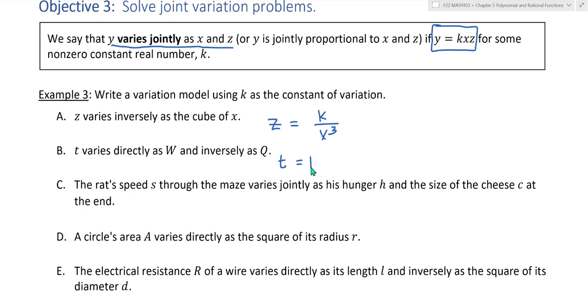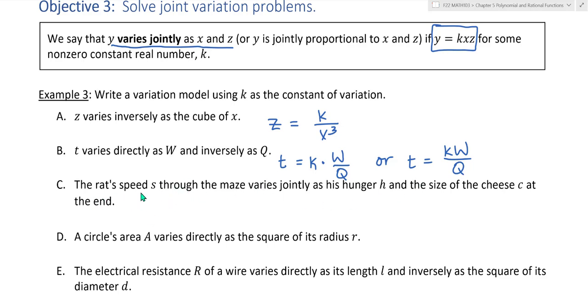What I would do is just throw the K in front, and then times anything that's direct goes in the top of the fraction, and anything inverse goes in the bottom. But you could also maybe write it like this: T equals KW, all in the numerator, and Q in the denominator. There's other things you could do, but those are probably the two main ones.